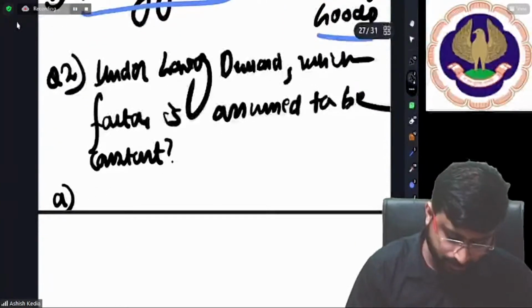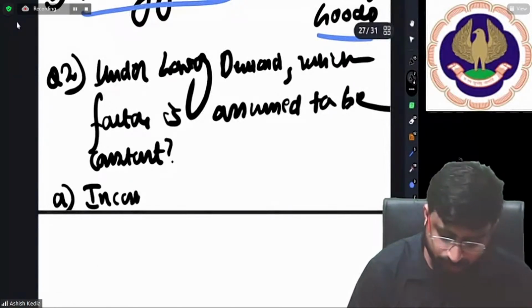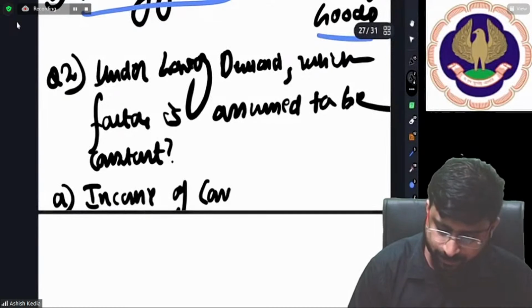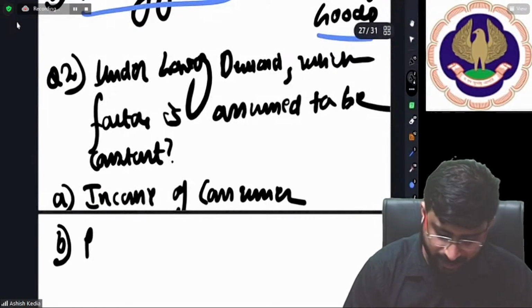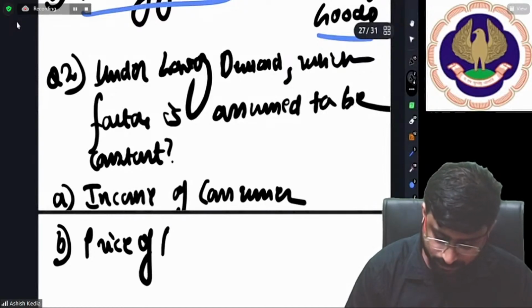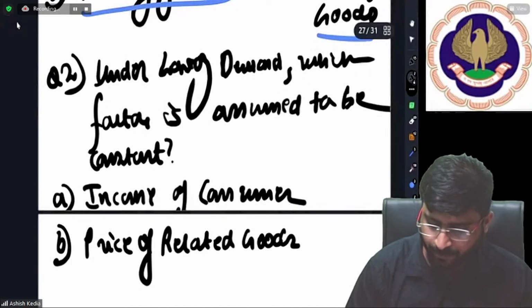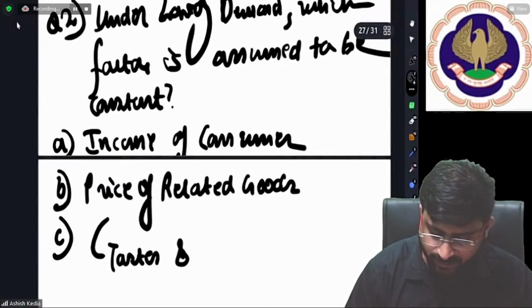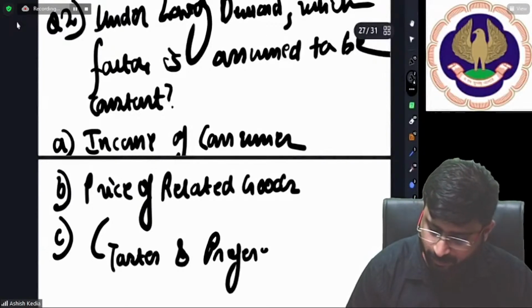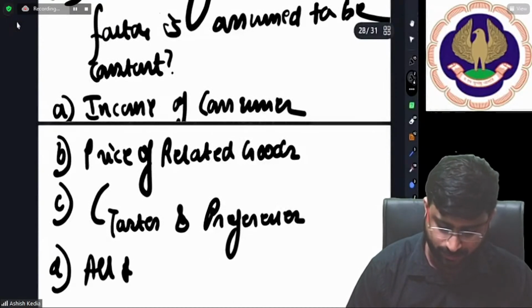A, income of the consumer. B, price of related goods. C, consumer tastes and preferences. D, all the above.